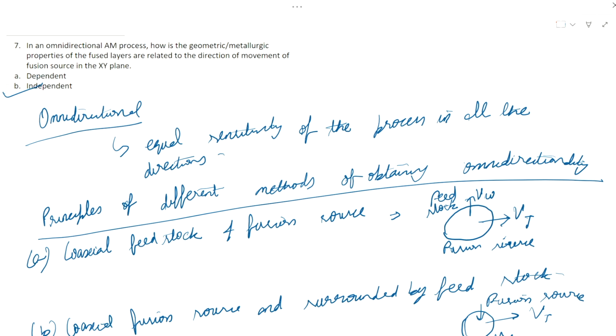Now an omnidirectional system can receive or send signals equally in all directions. So in the omnidirectional additive manufacturing process, the geometric or metallurgical properties of the fused layers are independent of the direction of the movement of the fusion source in the XY plane.